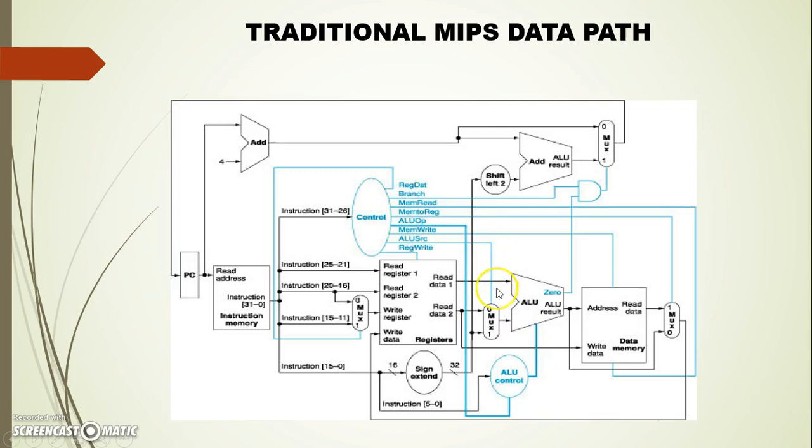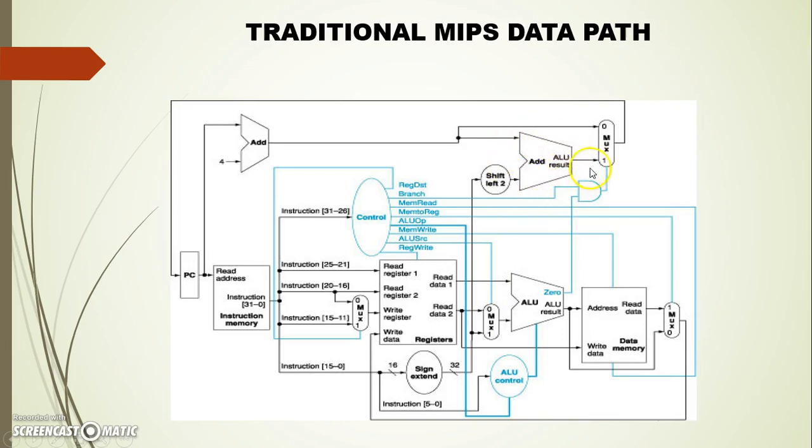The control unit issues an ALU control signal which controls the operation of the ALU, whether it's going to perform addition, subtraction, multiplication, division, or logical OR. That is decided by the control block using the ALU control signal, and it also issues an ALU source signal to control the second operand for the ALU.